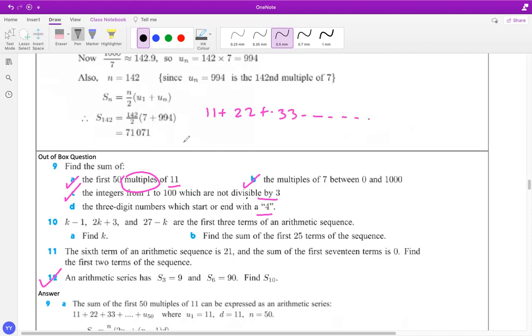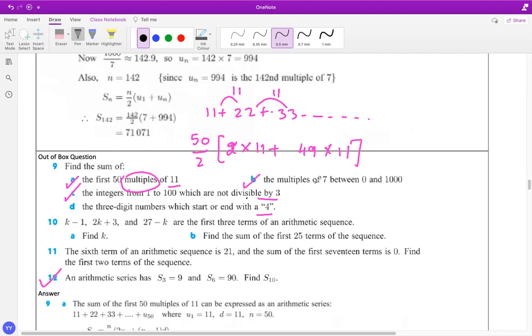So when you're finding the sum of 50 terms, it will be 50 upon 2, first term is 11, so 2 times 11 plus 49 times the difference, which is also 11, because if you see the difference here, it is 11. It's an arithmetic sequence. So this value is the answer to the first part.